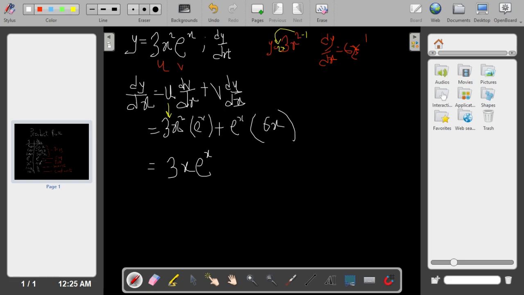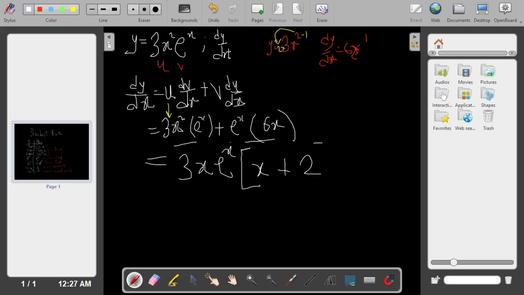So when you extract all of these out, leaving the rest in bracket, you will be left with x plus 2, because when you divide 6x by this, you have 2. So this is a 2. So at the end of the day, when you multiply this and this, you have 3x(x + 2)e^x, which is an exponential function.